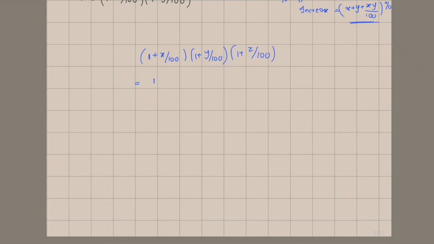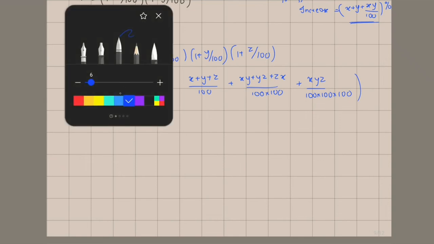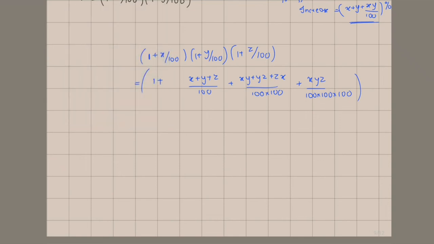If you calculate this, you get x plus y plus z by 100 plus xy plus yz plus zx by 100 into 100, and the final one is xyz by 100 into 100. If you do it this way, you get this complex formula. So this will be the fraction of increase, so you need to multiply this with 100.